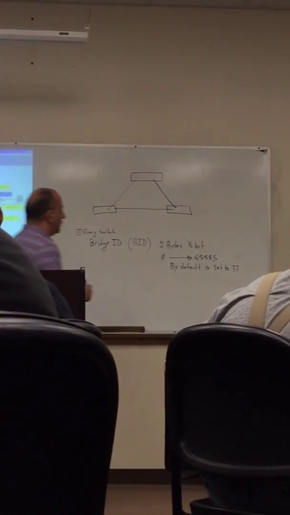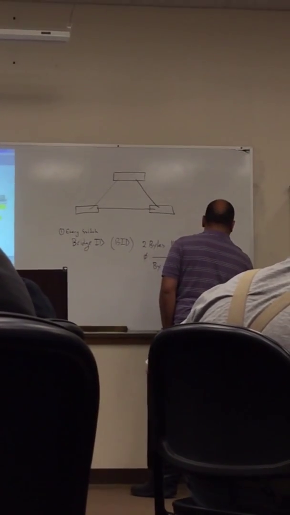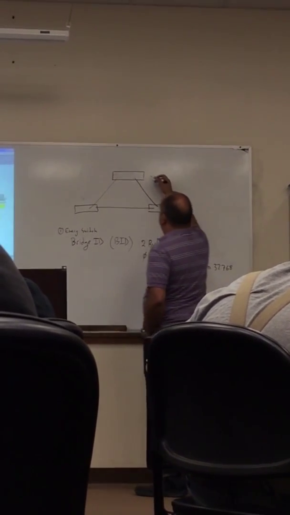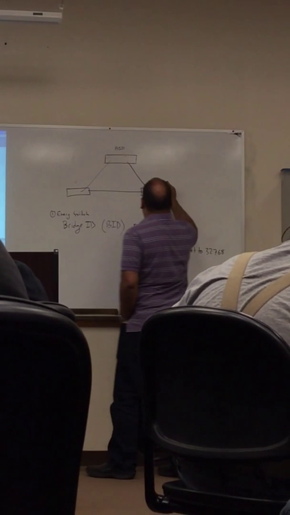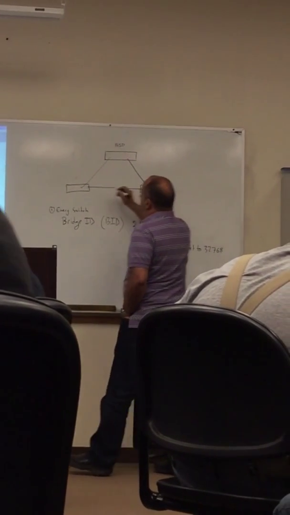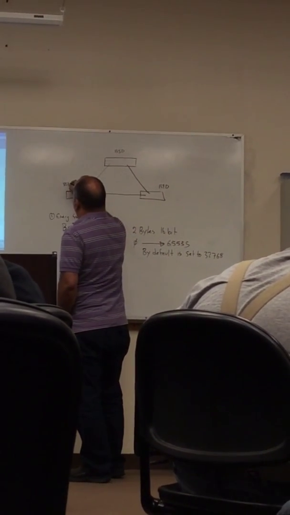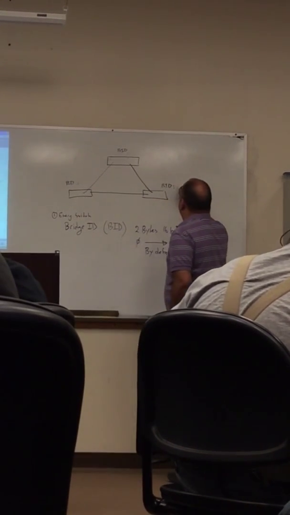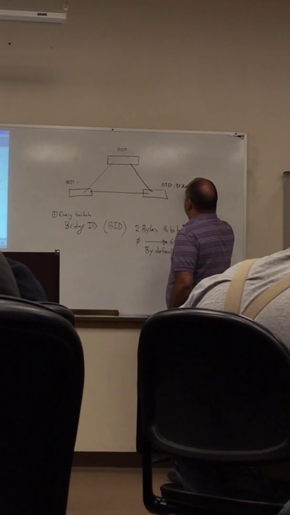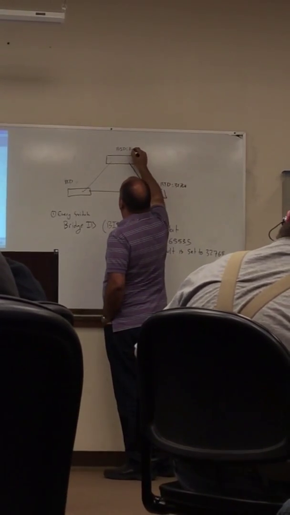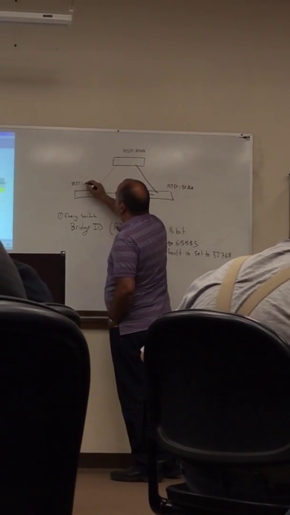So the BID, the bridge ID on all of these switches are all set to 32,768, and this one 32,768, and this one 32,768.